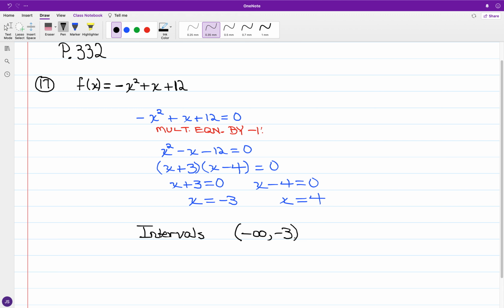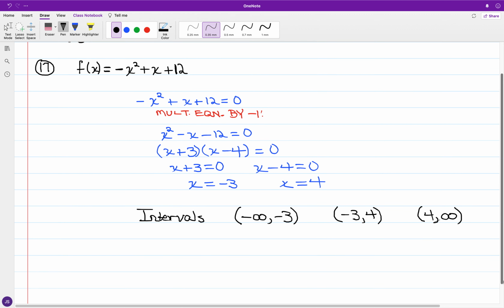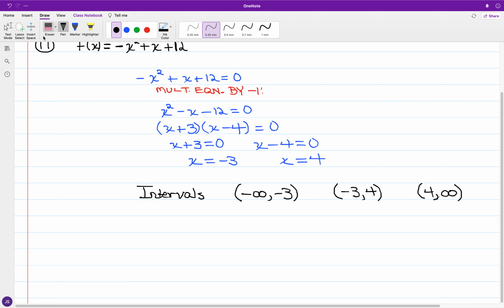Followed by those values of x greater than -3 and less than 4. And with 4 as the second and last exclusion, we have those values of x which are greater than 4. And just once again, setting up a table.